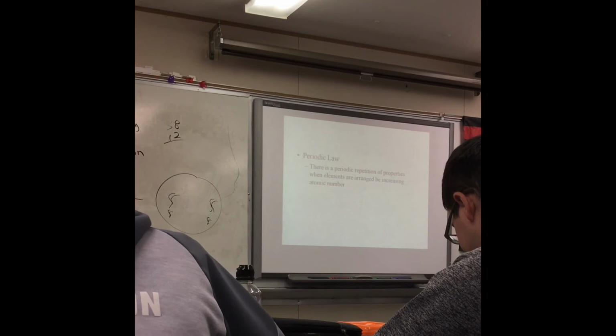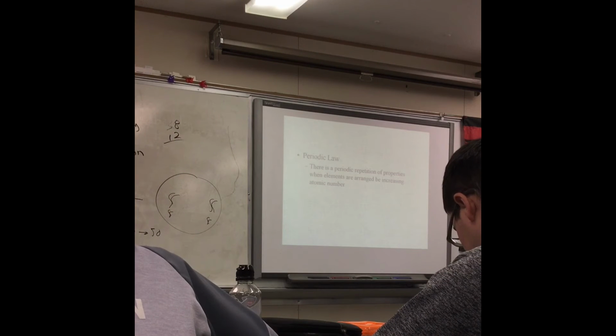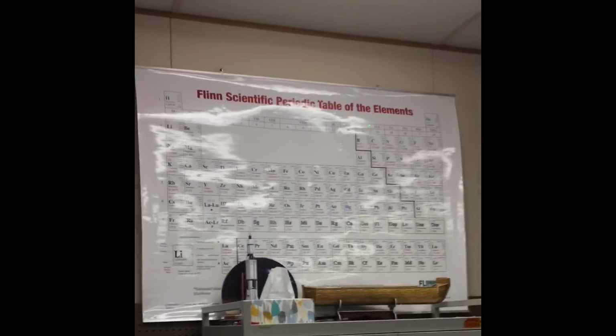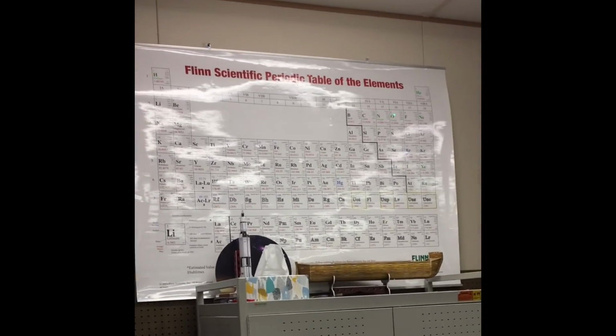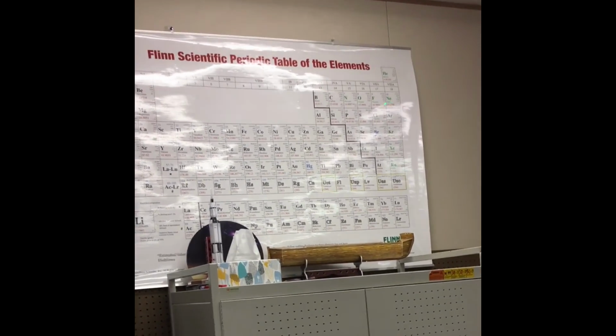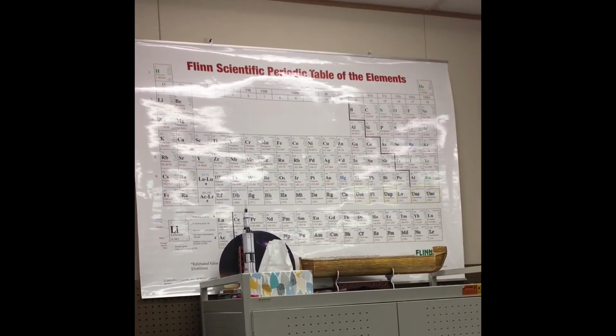Now, what does that mean? Well, if we were to go to lithium, which is row 2, increasing atomic number, the next element after this would be sodium.